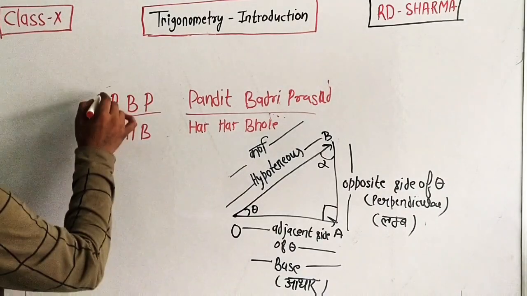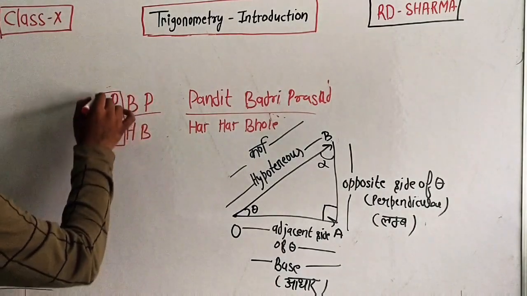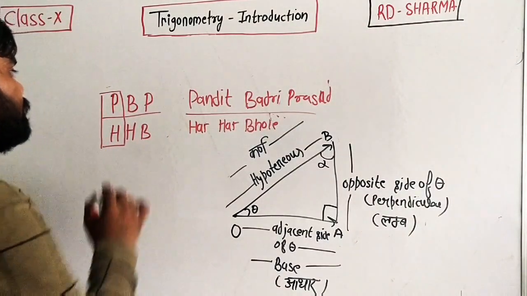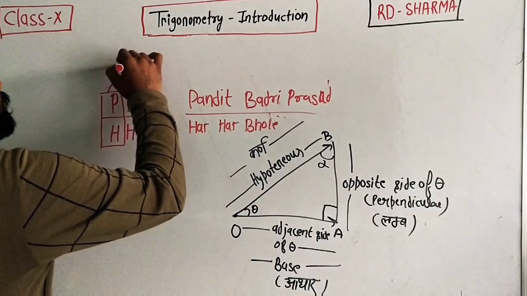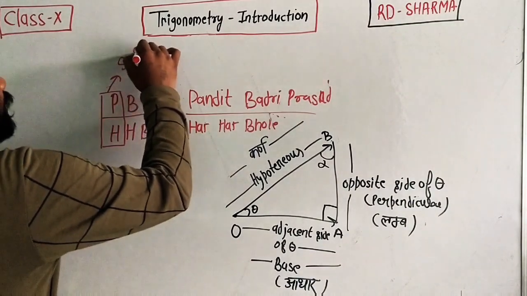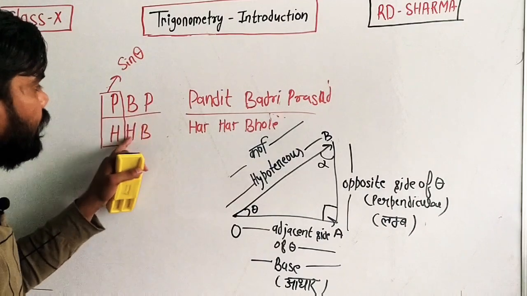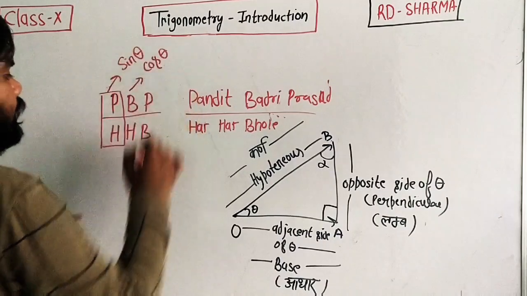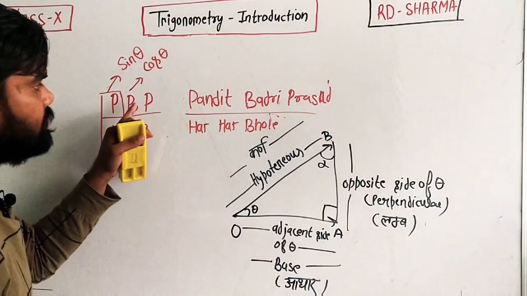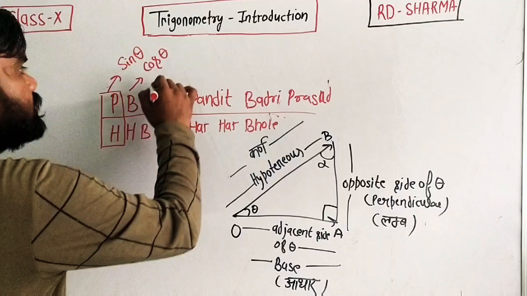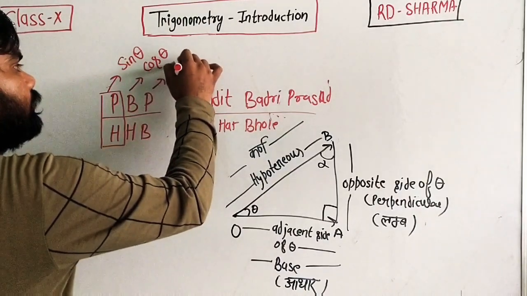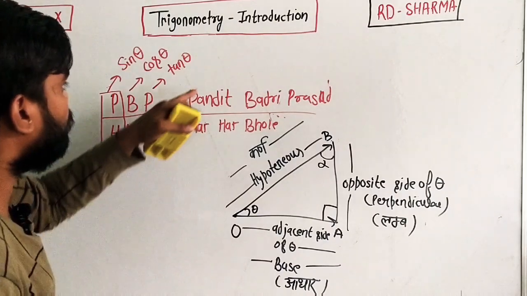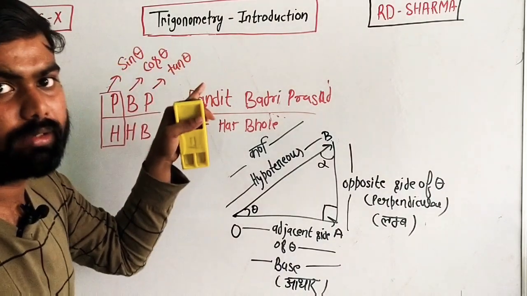Okay, so let's see. P upon H, which means perpendicular upon hypotenuse, we consider sin theta. Similarly, base upon hypotenuse is cos theta, and similarly P, perpendicular upon base, is tan theta. And the others are reciprocals of these three trigonometrical ratios.